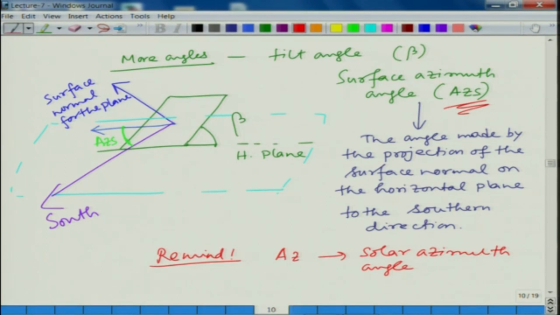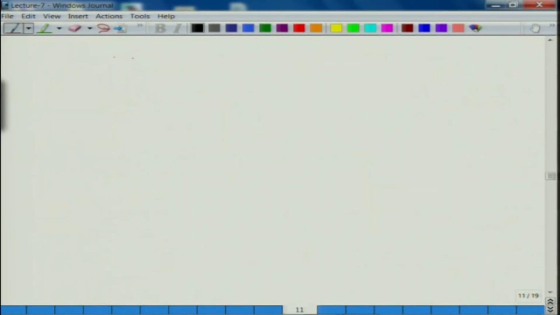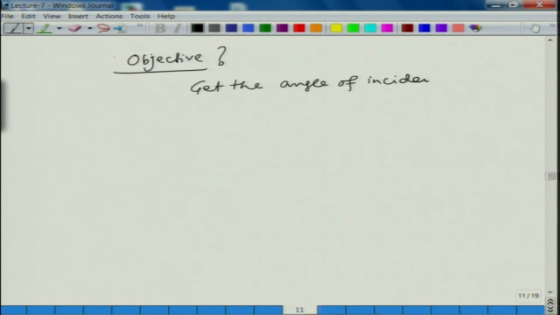Okay. So, with all these angles that we have seen, what is the goal? What is the objective here? The objective is to get the angle of incidence of the sun ray or sun rays on a plane.